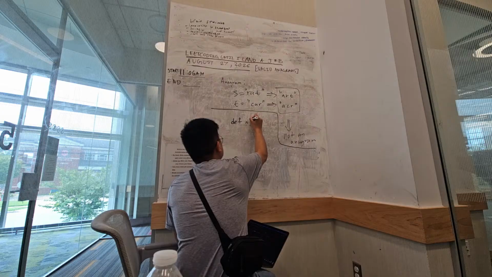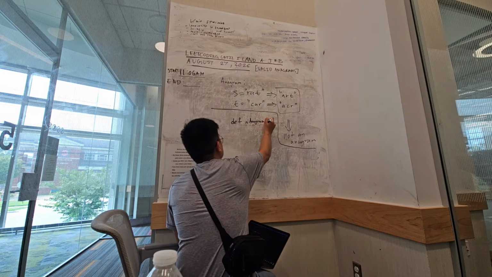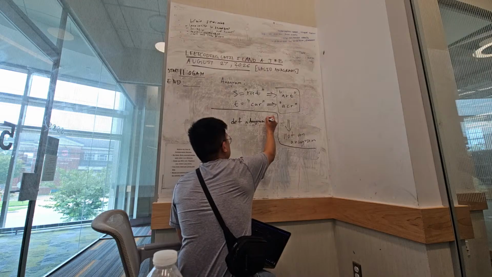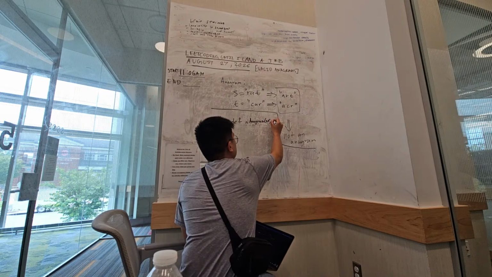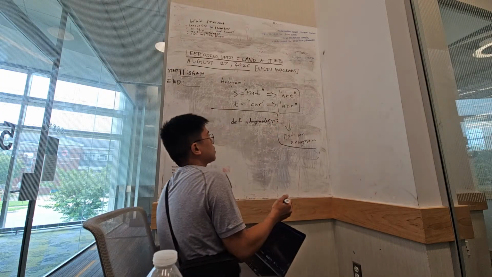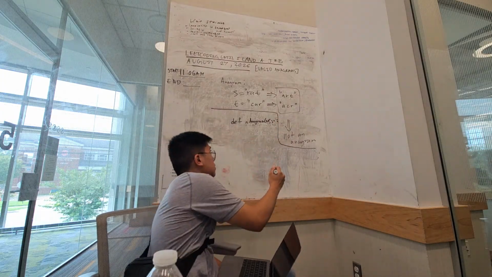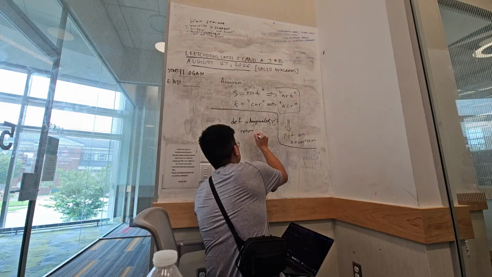Is anagram, self, S and T, such that S and T are strings, right? So if it's an anagram, we literally return this.